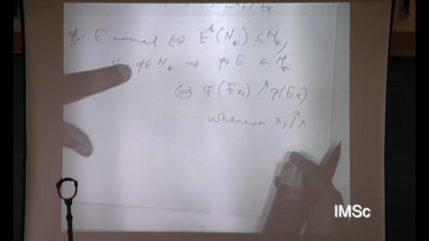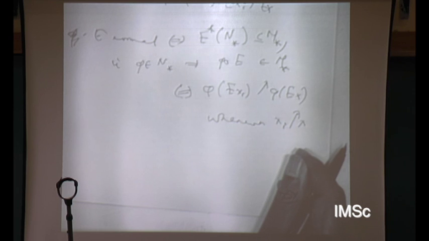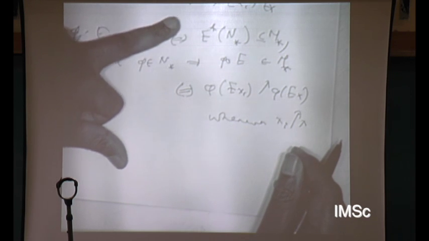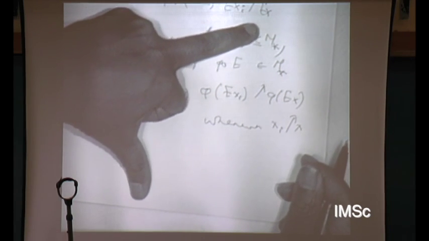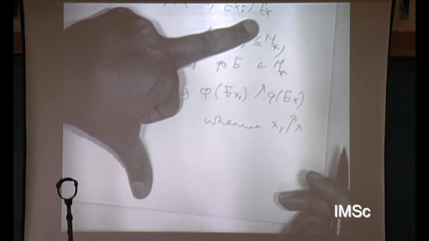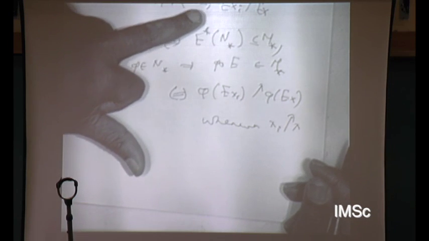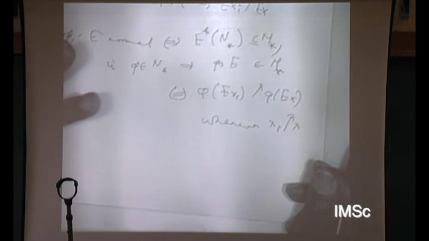I want to check that phi composed with E preserves monotone convergence. That means whenever I have x_i increasing to x, phi of E x_i converges to phi of E x for all phi in N star. That is the same as saying that E x_i converges to E x weak star, which is the same as saying E x_i increases to E x.